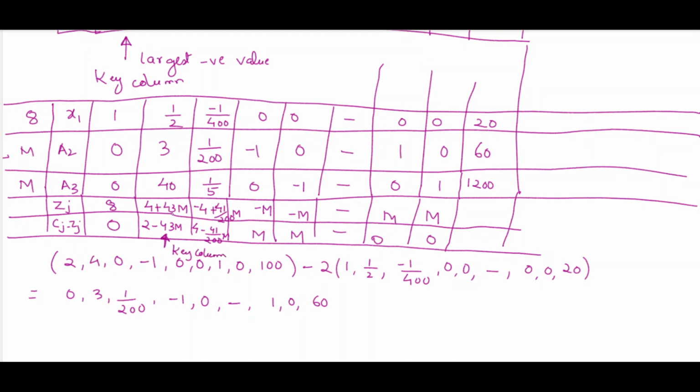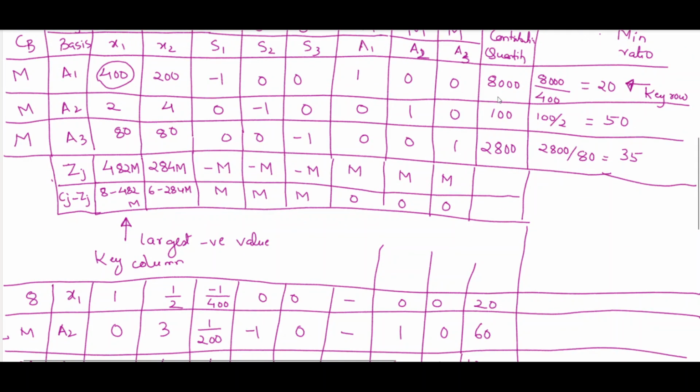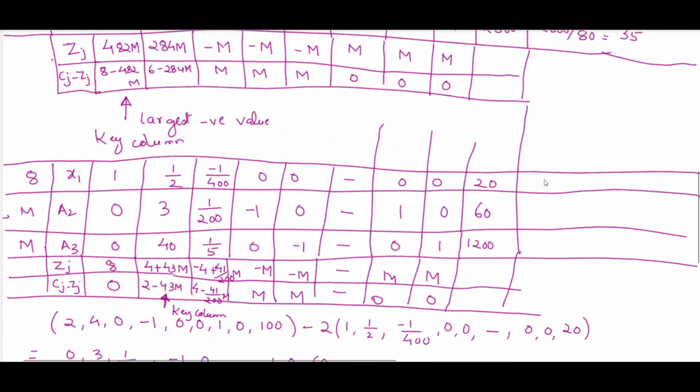Then after getting the key column, what will we do? This is the new contribution quantity after iteration 1. Earlier these were the contribution quantity. Now how do we determine the minimum ratio? What is the formula for minimum ratio? It is the contribution quantity, that is your 20, divided by the key column element. That means 20 divided by 1 by 2, which is 20 into 2, so it is equal to 40.